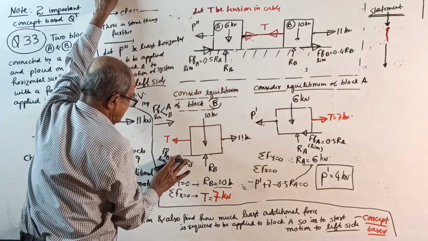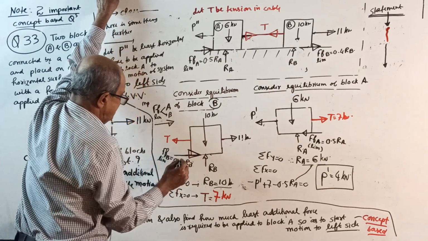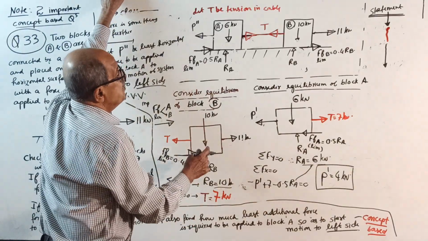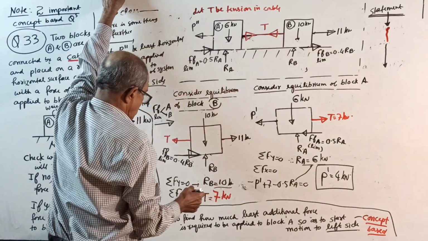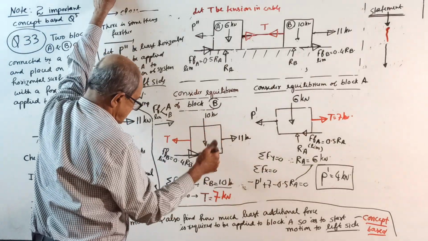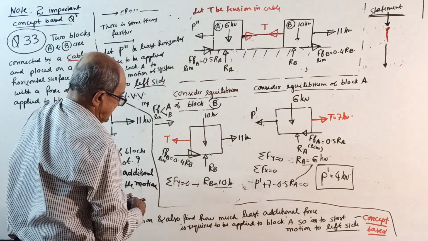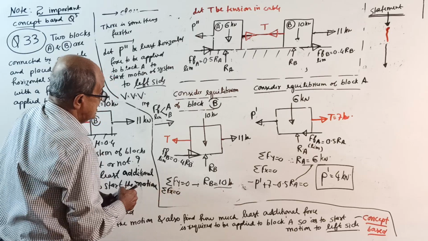Friction is to the right side. See, friction is to the right side. That is FFB limit 0.4 RB, and this force is 11. Okay, start. Here, tension T. Sigma Fy 0, RB equals 10. Sigma Fx 0, right side positive.